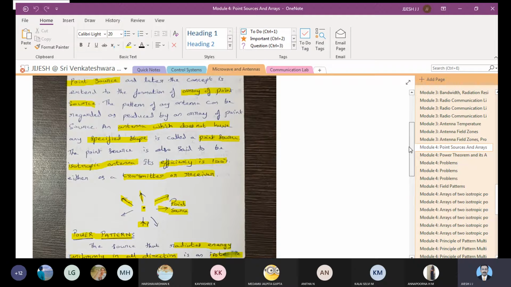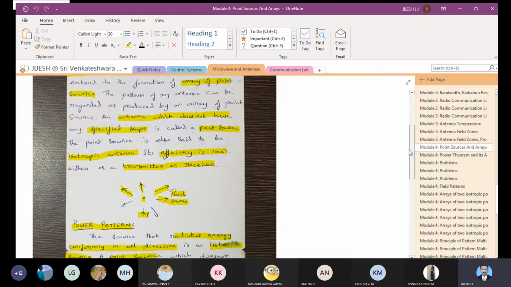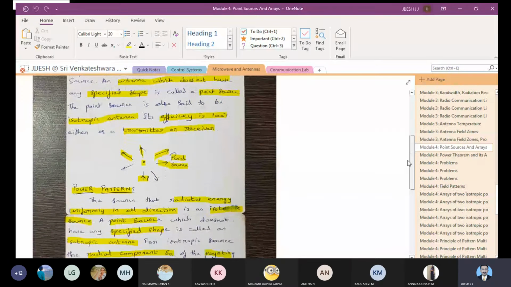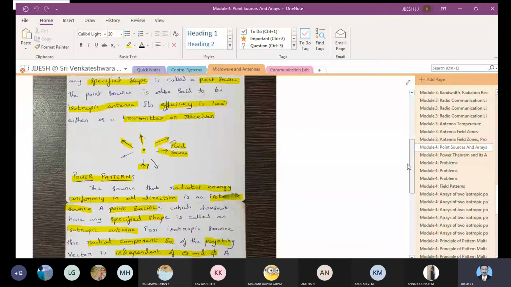You also discussed the pattern. You have seen that the isotropic antenna radiates in all directions, 360 degrees, with 100% efficiency. So you feed in the power, and it radiates in all the directions in the point sources. Okay.